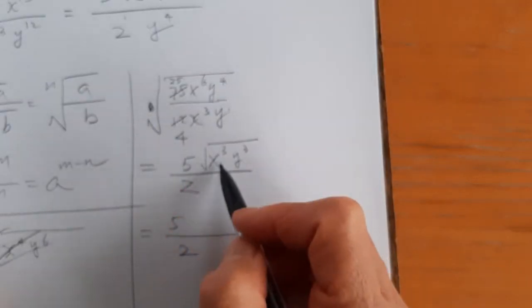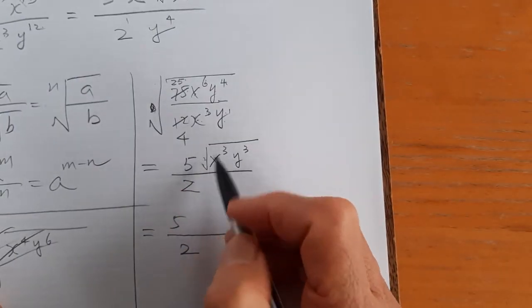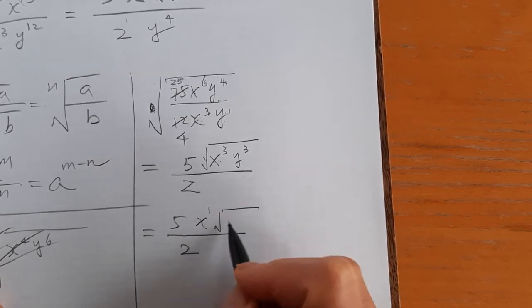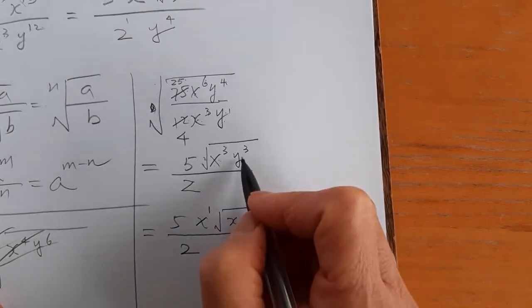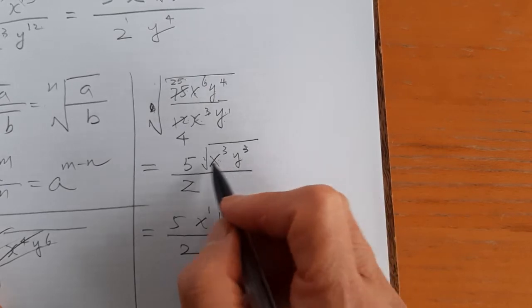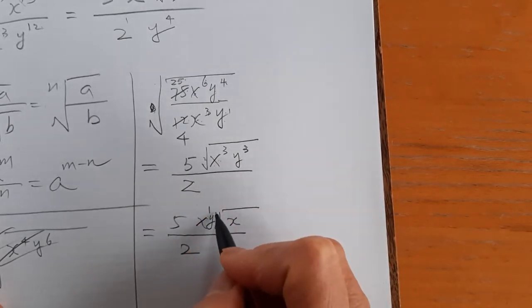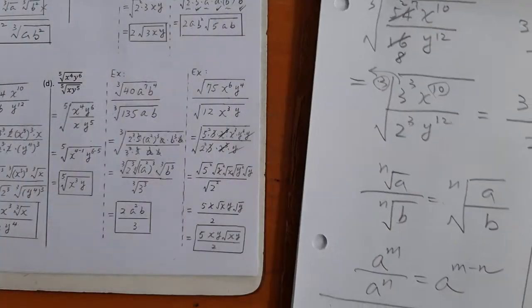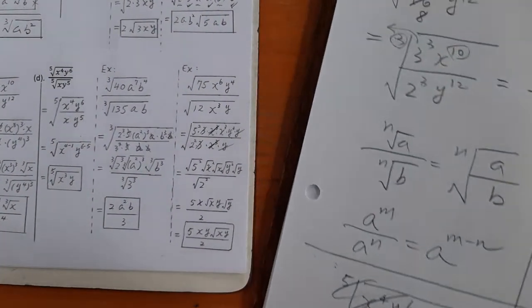And this one, 3 divided by 2, get quotient is 1 and remainder x to the power 1. And y, 3 divided by 2, get quotient is 1. Remainder, it's 1 inside. So we got this answer. That's the quick way to do.